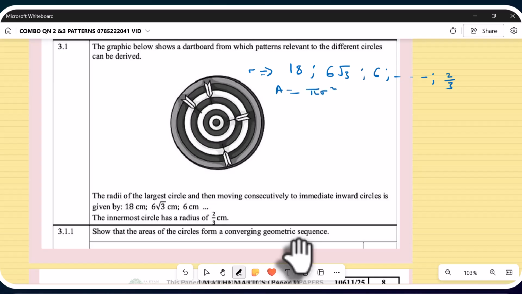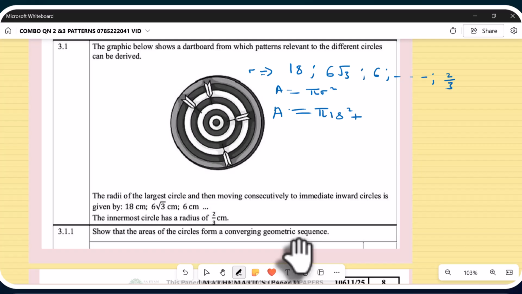Now I want to show that this is a convergent geometric series, so I'm going to get my common ratio. I can divide pi times 6 root 3 squared by pi times 18 squared, because it is geometric.